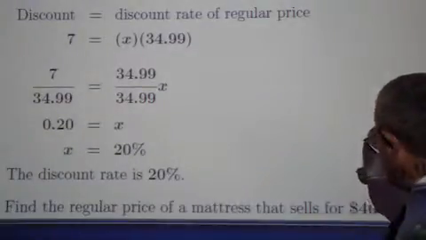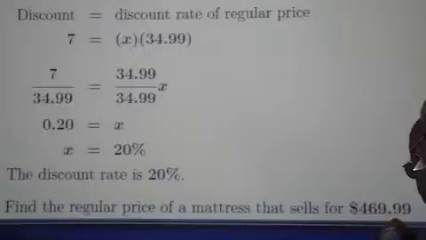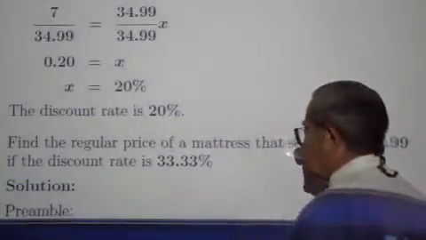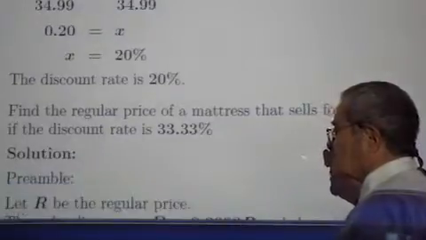Find the regular price of a mattress that sells for $469.99 if the discount rate is 33.33%. That's about 1/3.